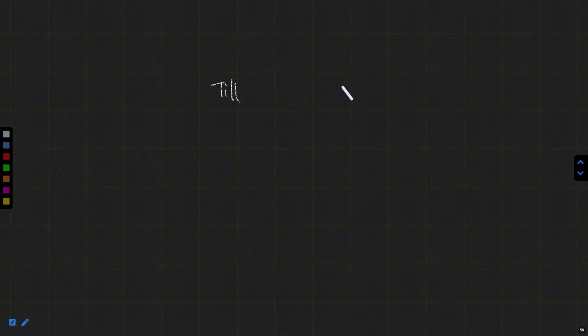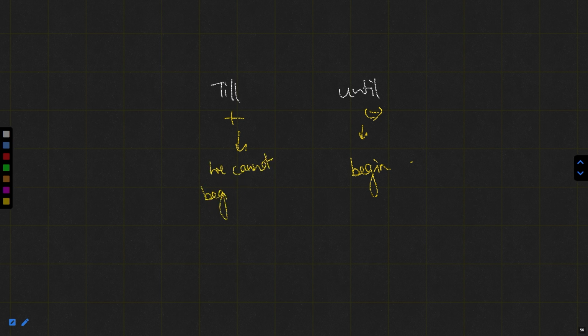We can begin the sentence using until, but we cannot begin the sentence using till. So this is the difference between till and until.